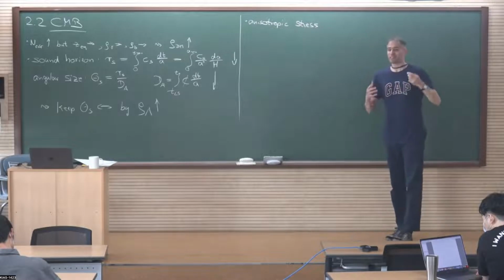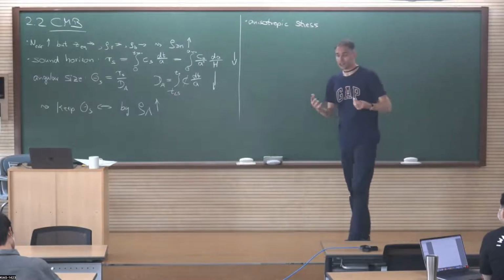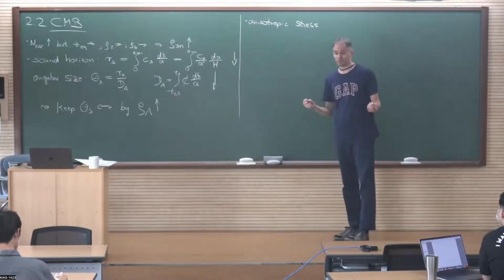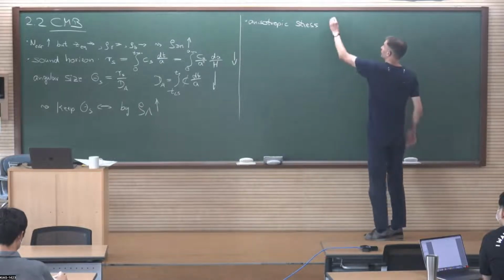Anisotropic stress means if we have radiation that is not interacting with itself or anything else, it doesn't behave like a perfect fluid.